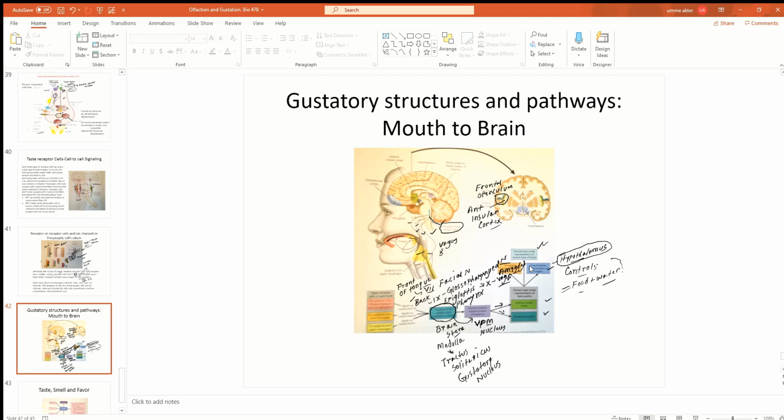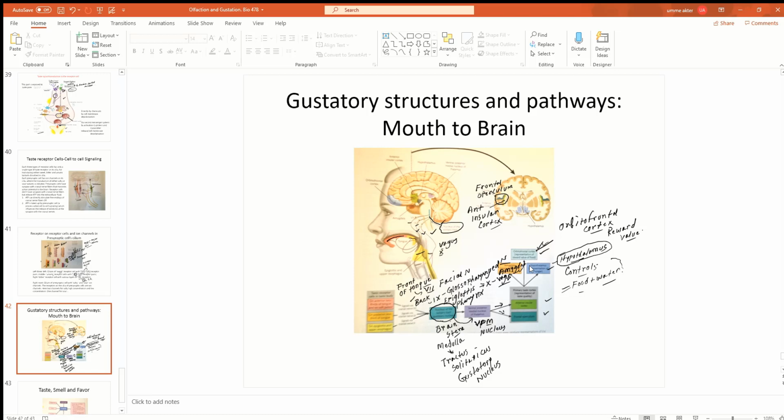The orbitofrontal cortex gives you the reward value of food, the enjoyment of the food. Same thing in the case of olfaction, the reward value of smell. So the perfume which one you like more and which one you enjoy more.